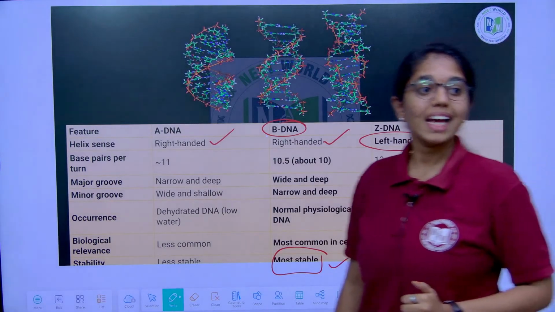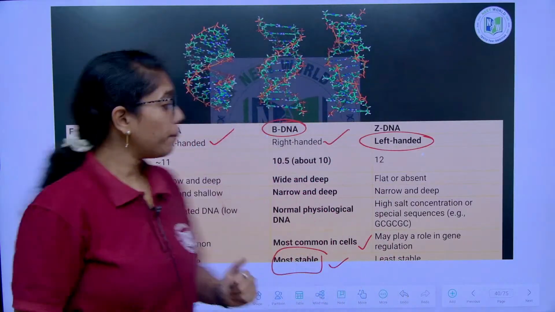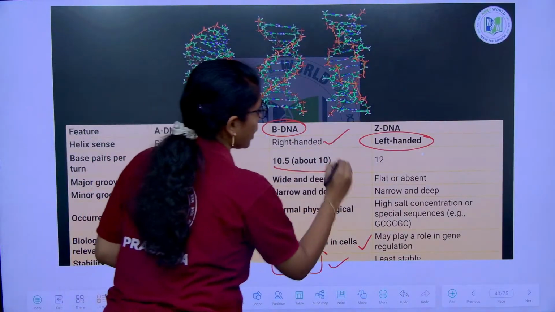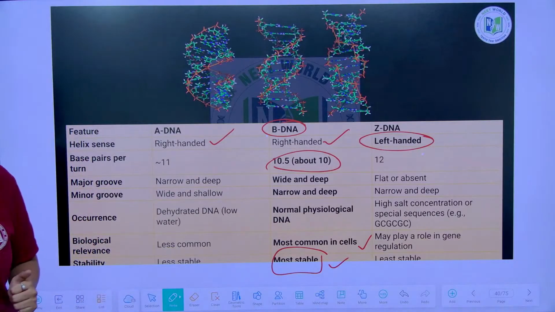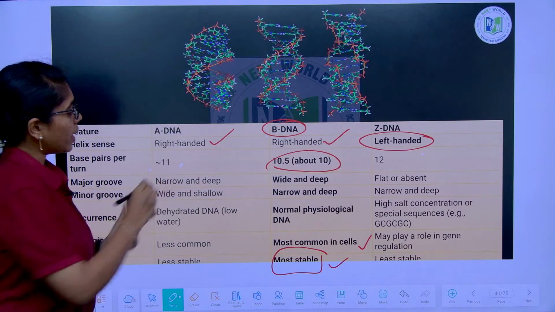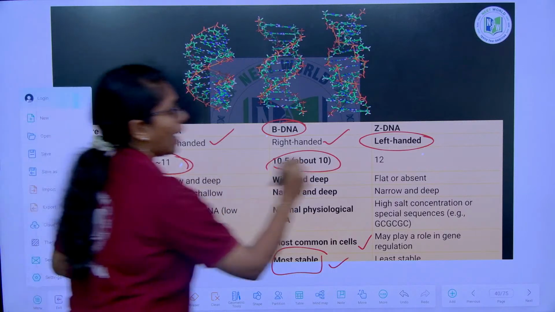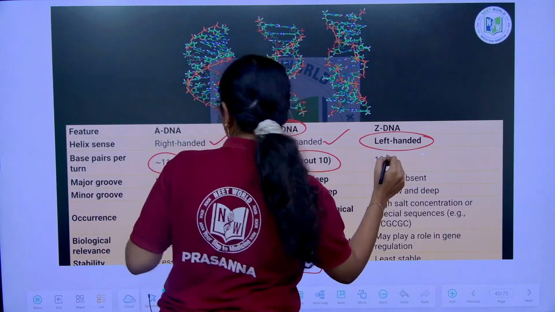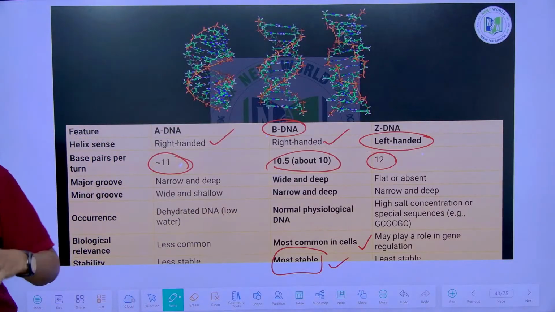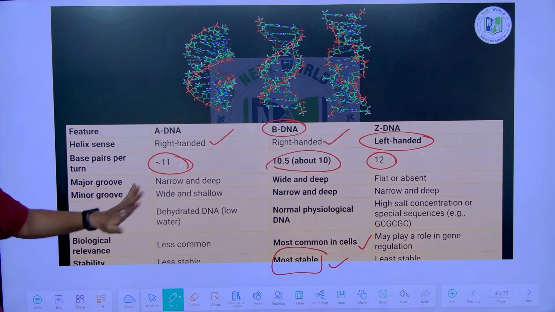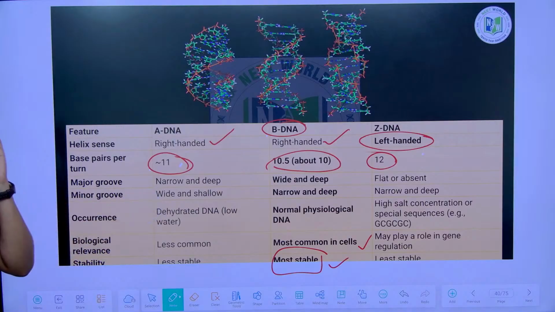Fourth point is number of base pairs. Number of base pairs in the B type DNA will be 10 base pairs. It is how many base pairs? 10 base pairs. A type DNA will have approximately 11 and Z type will have 12. Okay. In the rarest cases, we may expect a question from major and minor groups.